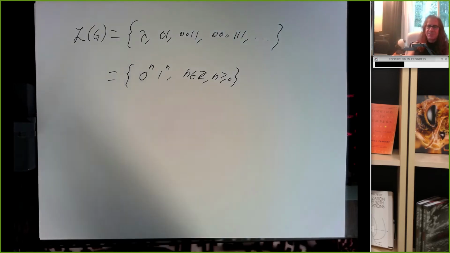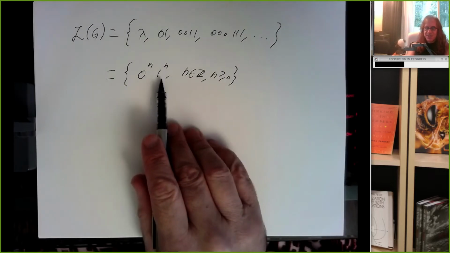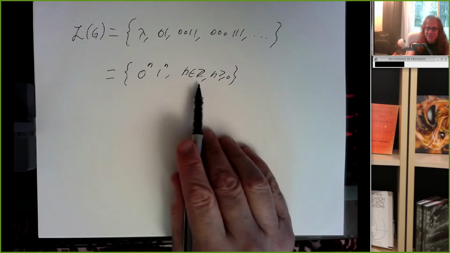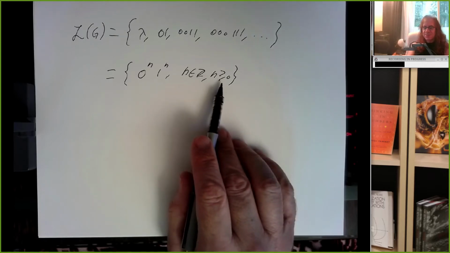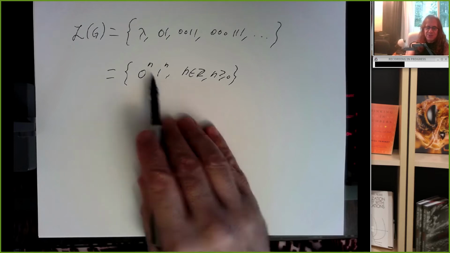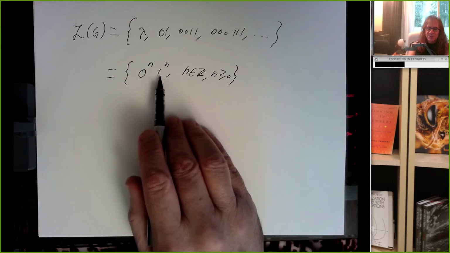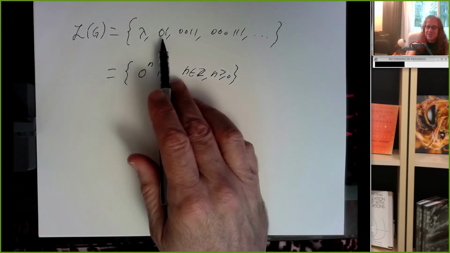So 0 to the 5 would be 5 zeros, followed by the same number of ones, 1 to the n, and we're specifying n is an integer and it's bigger than or equal to 0. So if n is 0, this is no zeros followed by no ones, that's the empty string. If n is 1, this is a single 0 followed by a single 1, that's this string.